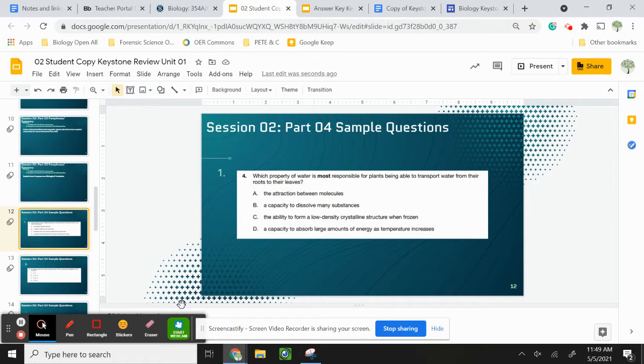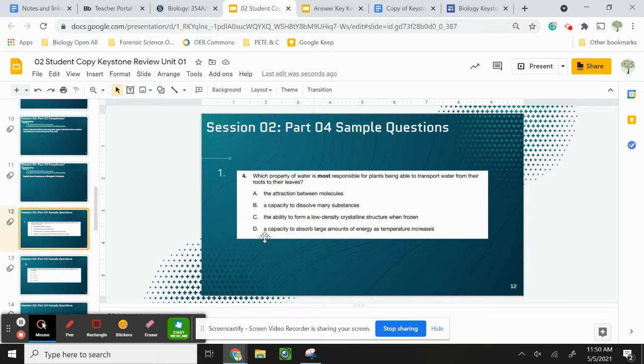Sample question number one: which property of water is most responsible for plants being able to transport water from their roots to their leaves?